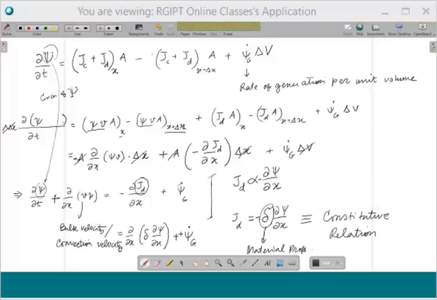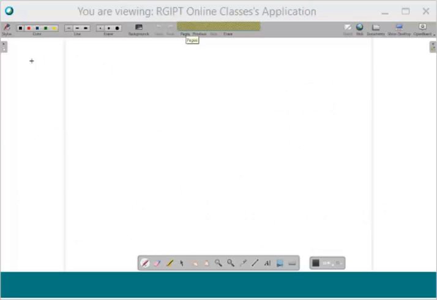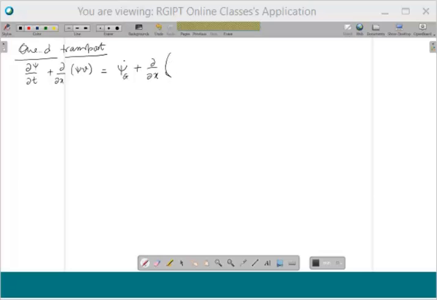So basically what we have arrived at is the following equation: del psi by del t plus del by del x of psi v equals, so for one-dimensional complete transport, the generation term first, and then plus del by del x of delta del psi by del x.